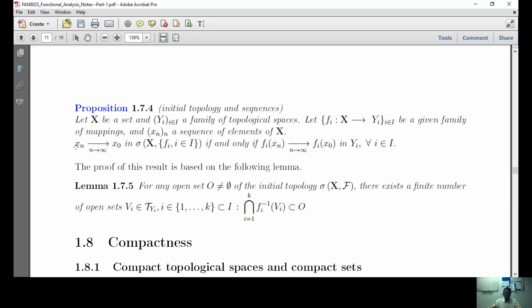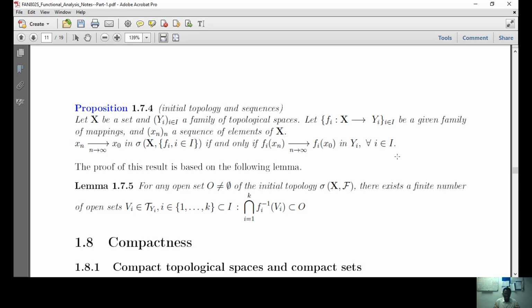Now, the sequence x sub n will converge in X, endowed with the initial topology, if and only if the image of x sub n by all the f sub i will converge to the image of x0 in Y sub i for any i.